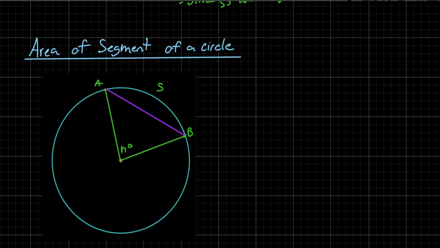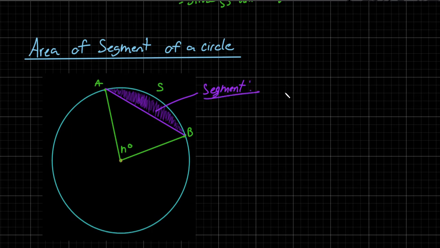So a segment, the area of the segment, isn't this entire sector. It's only a portion of it. And it's only this portion right here. Only the top half, where the line and the arc intercept. So all of this up above. That is the area of the segment. I'm trying to find that area.